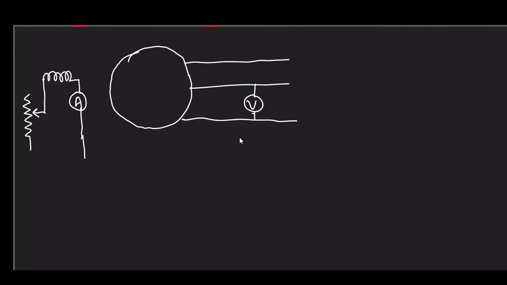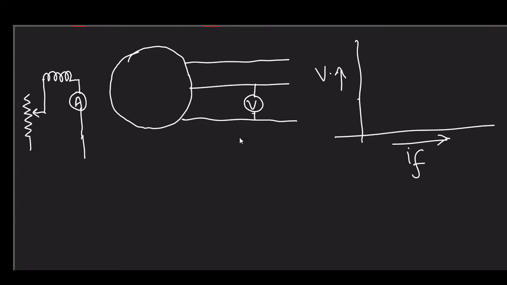What we want to obtain is a characteristic between our field current and induced voltage. Obviously, while doing so, we have to make sure the speed of the alternator is constant and rotates at the rated speed.